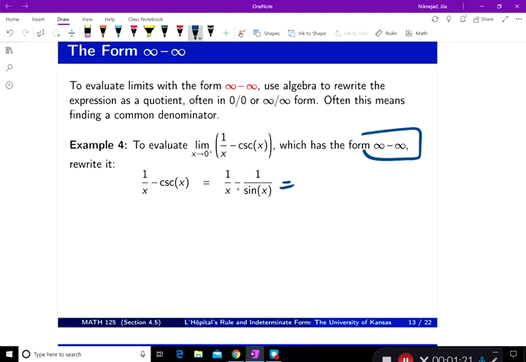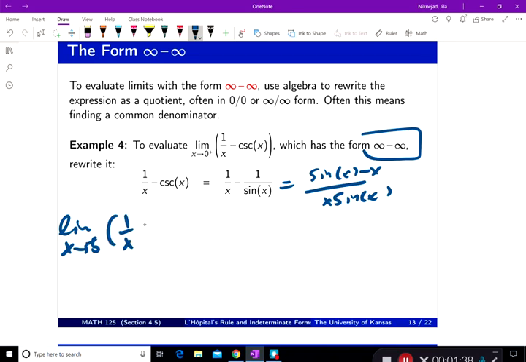So what I do is a common denominator, and the common denominator gives me sine of x minus x over x sine of x. So the limit as x approaches 0 from the right, that's the original limit, can be simplified into this limit.